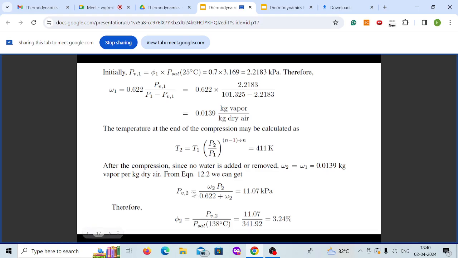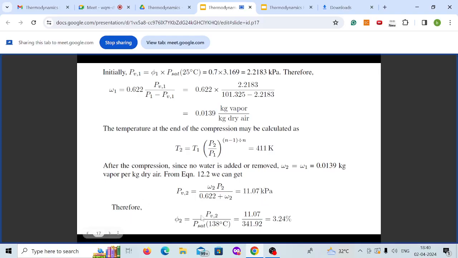Vapor pressure at state 2 is omega 2 into your total pressure at state 2 divided by 0.622 plus omega 2. When you substitute your specific humidity value and your total pressure as 5 atmosphere, you will get your vapor pressure at state 2 as 11.07 kilopascal.